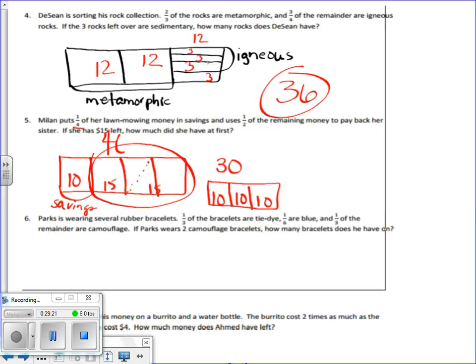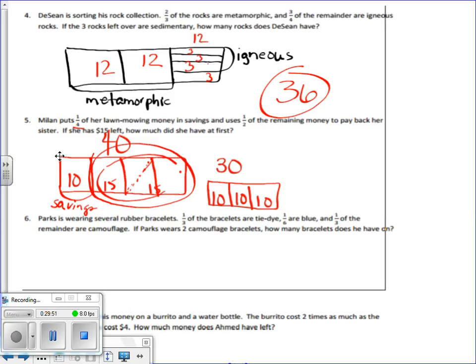And I'm sure there was an even better way to solve it, but that's the way that my brain can figure it out. Because half of her money went to her sister. She had 15 left. I was trying so hard to find a way to figure it out.